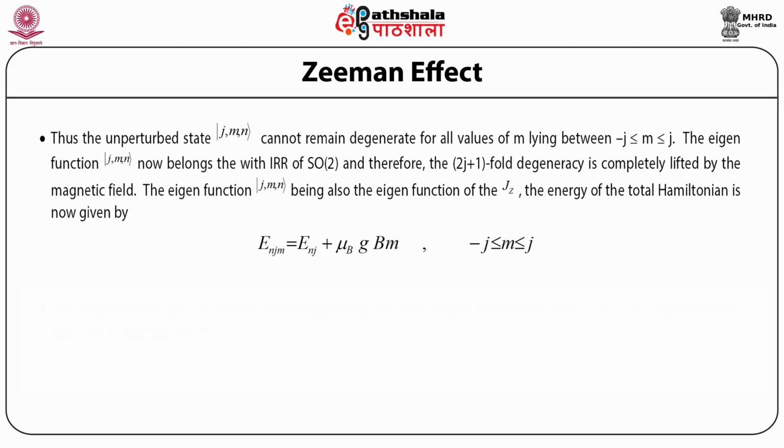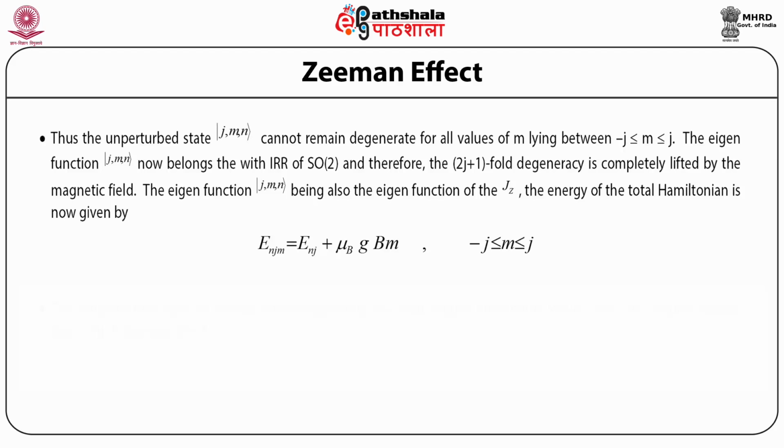Therefore the total energy E_nJM is equal to E_nJ, the energy of the unperturbed Hamiltonian, plus mu_B g B times M, because the z component of the angular momentum has the eigenvalue M and the perturbation is mu dot B.